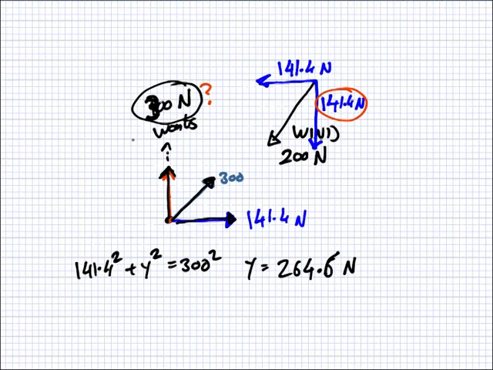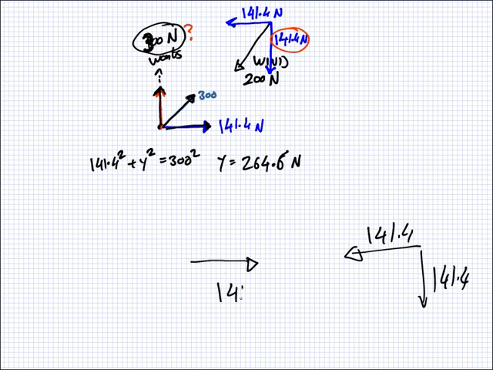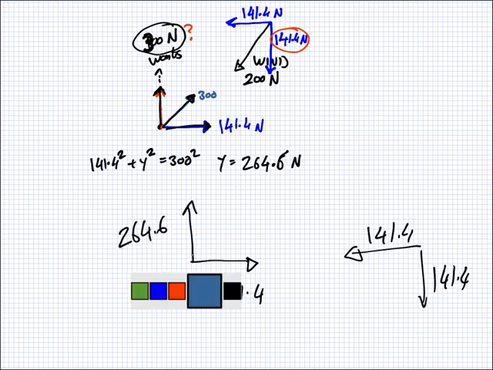Okay, so let's just recap what we're saying here. The wind pushes this way with 141.4 and 141.4. The bird should push this way with 141.4 and this way with 264.6. That gives us its 300.